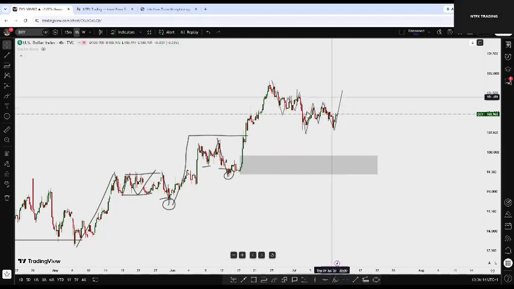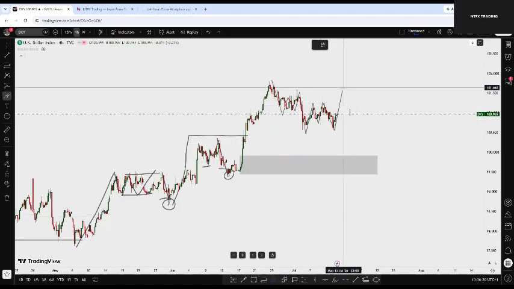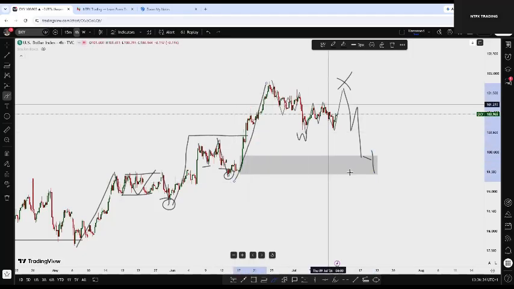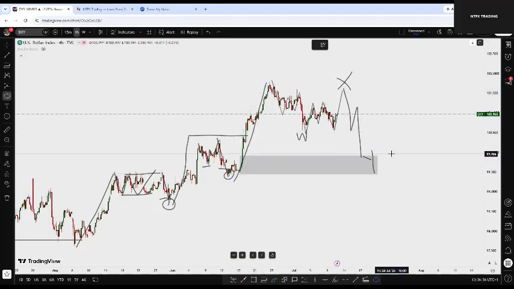So you see, you want it to come up here, and you want the C to come to the low, A, B, and C. So at the end, you have three waves down, which is called W, three waves up, which is called X, and three waves down, which is called Y. When it gets there, the corrective structure for this impulse is complete. From this level, you can begin to look for a buy opportunity to the upside.